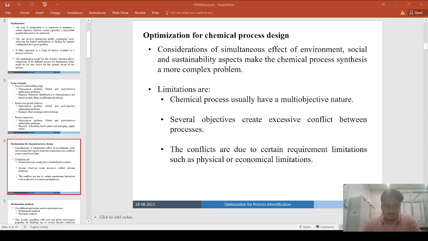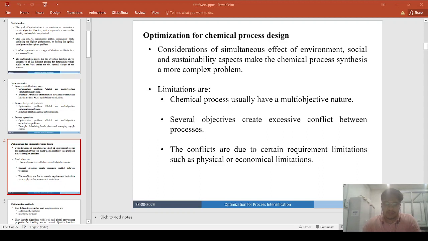So they started by optimizing the process using a single objective function, and that led to the development of novel and powerful numerical strategies. But nowadays you cannot apply a single objective function to optimally design the process.